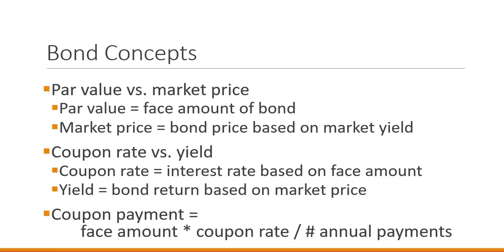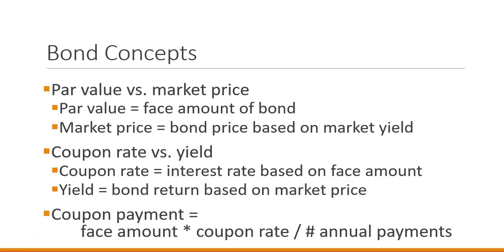Next is coupon rate versus yield. The coupon rate is also a feature of the bond on the face of the bond, on the bond certificate. This interest rate is based on the face amount or the par value of the bond, and it is a payment, again, usually paid semi-annually, and that payment will not change during the life of the bond.